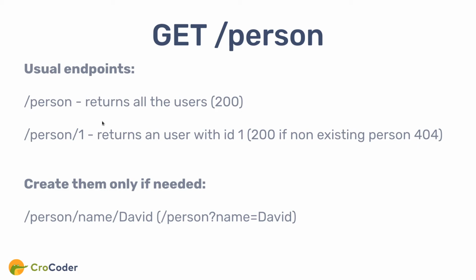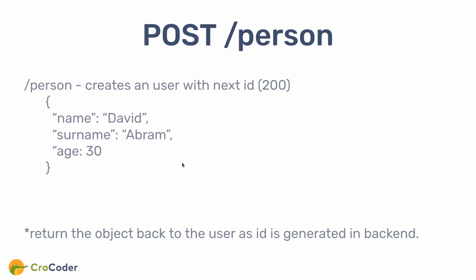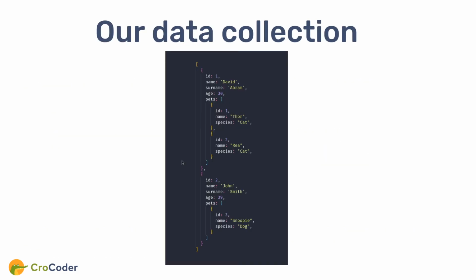So on Saturday we will actually create some REST APIs, and we'll create a CRUD REST API similar to this that I'm describing here, and our data collection will be something like this.